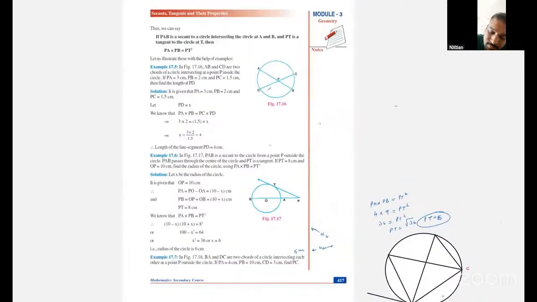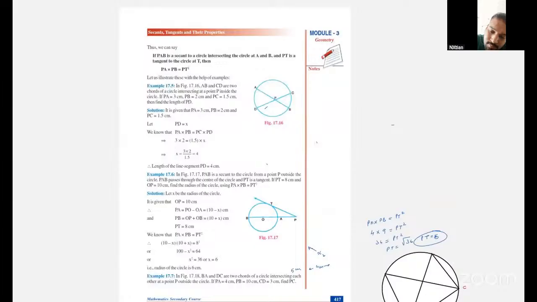PA into PB is equal to PT square. When a chord and a secant meet outside the circle, the relationship is this. More questions?